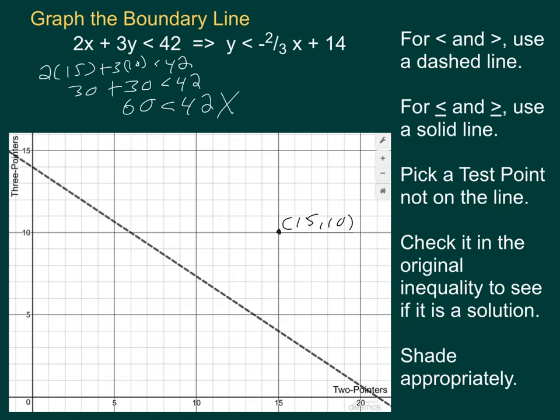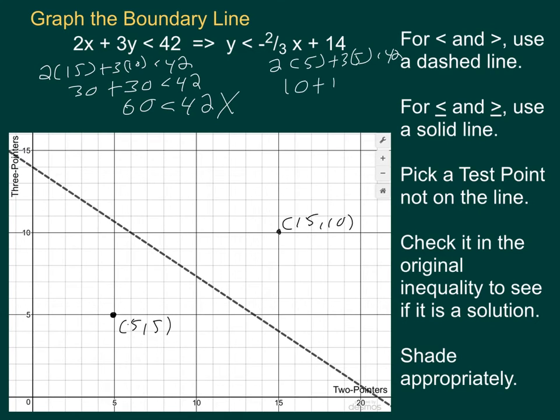So since that's not a solution, I want to pick a test point maybe from a different area. Perhaps I'll pick this point down here. So picking the point (5, 5), I want to see if this is true. I'm going to plug this again back into my original inequality. That's 2 times 5 plus 3 times 5. I want to see if that's less than 42.